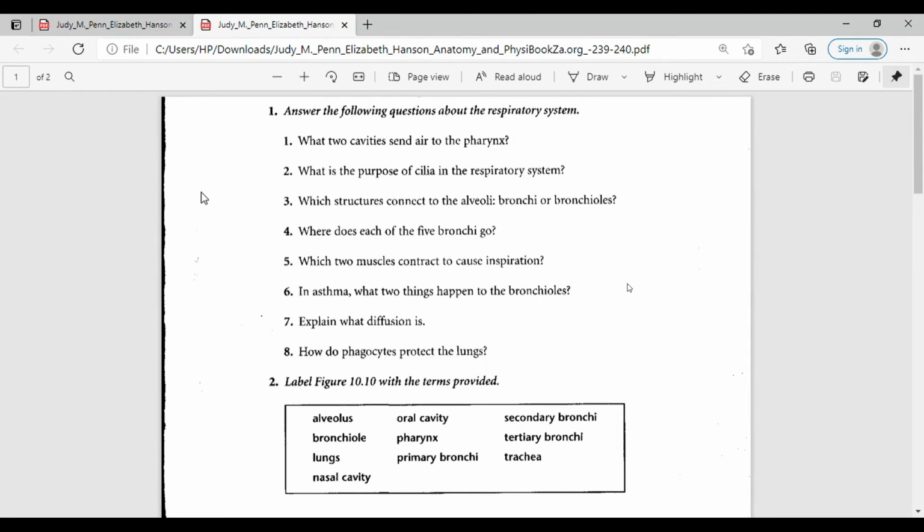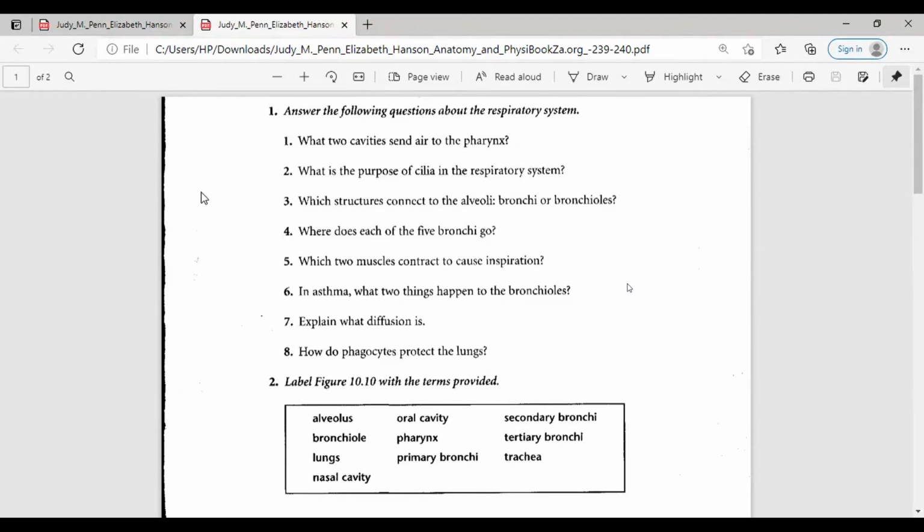Okay, so just to remember, we have 3 types of bronchi. Can you tell me what those 3 types of bronchi are? Primary bronchi, secondary bronchi, and tertiary bronchi. Very good. First is the primary bronchi, then the secondary bronchi, and the last is the tertiary bronchi, and they will all go to your lung.